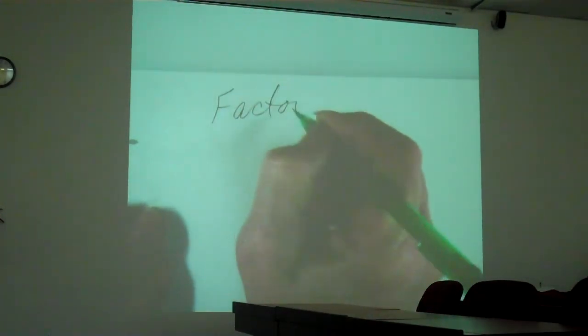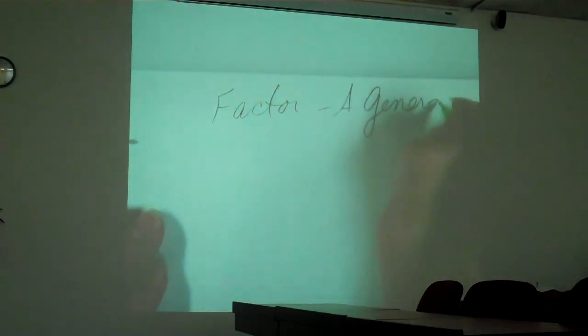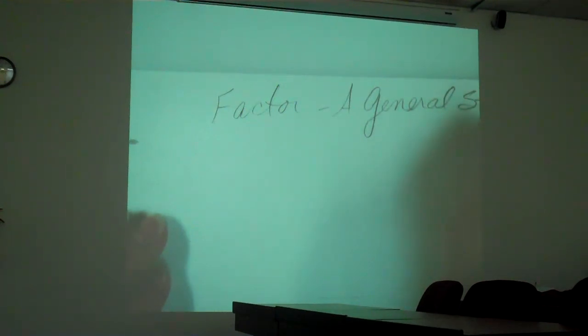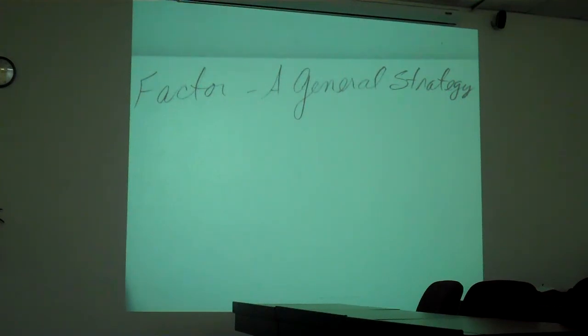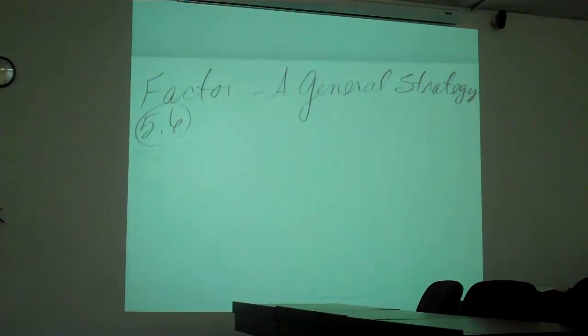5.6 is factoring using a general strategy. So you could have any kind of factoring here. You may have just factoring one thing out, or you may have a difference of squares, or you may have a trinomial square, or a mixture of any of them, or they could even be prime.